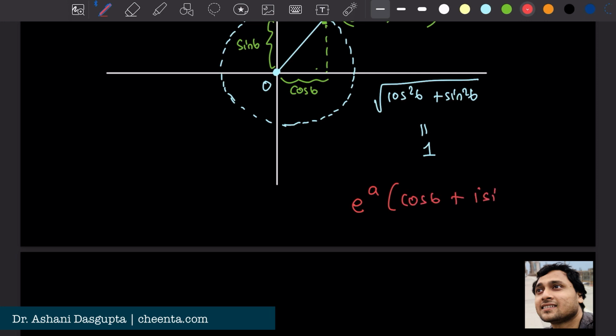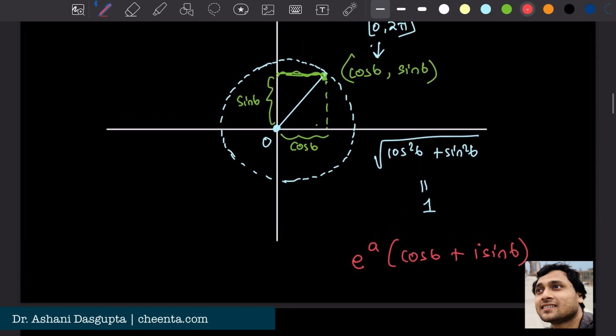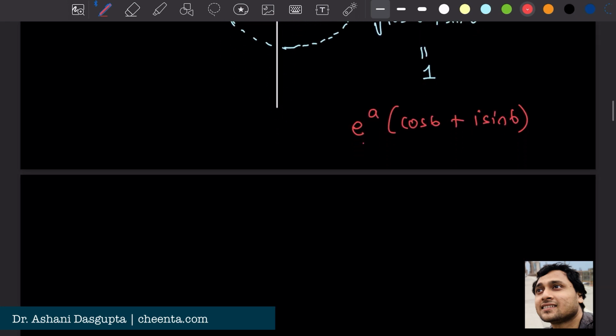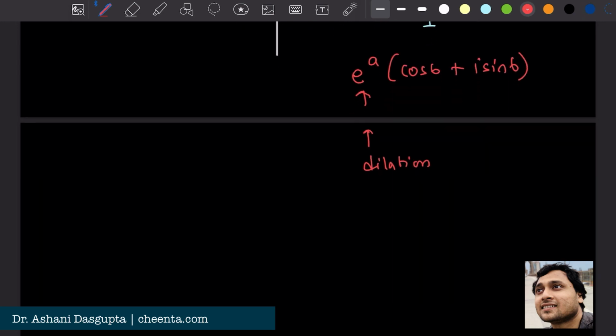What happens to the point? Well, e to the power a will act as a dilation. It will either elongate or contract the vector.